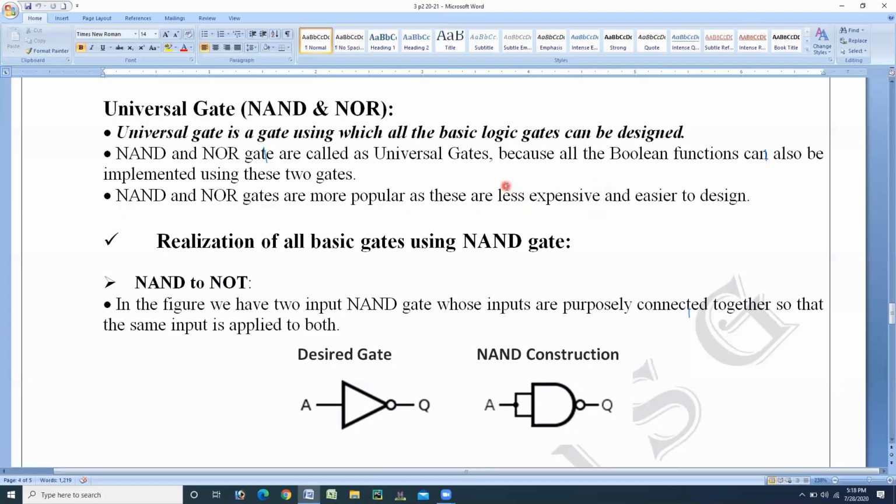And the second point is that they are easy to design. Due to these reasons, the NAND gate and NOR gates are more popular gates.